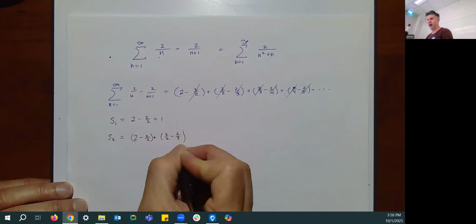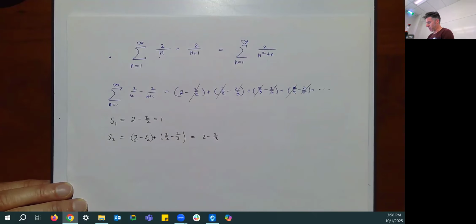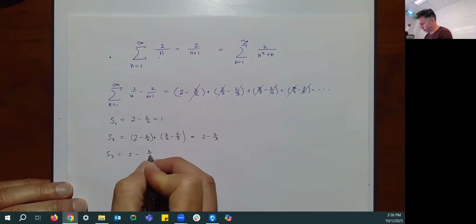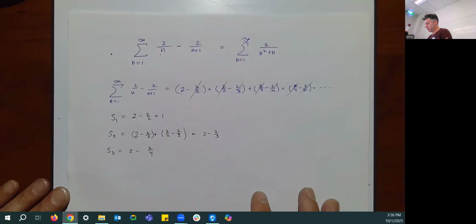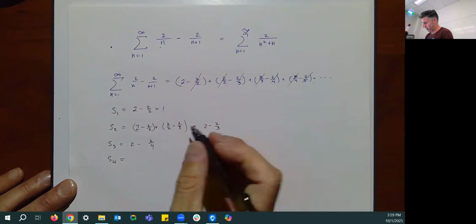I really shouldn't write all that out. I know it's just going to be 2 minus 2 over 3. My third partial sum is going to be 2 minus 2 over 4. And I feel like I could probably write a pattern at this point. Let's see, one more. My fourth partial sum is going to be 2 minus 2 over 5.